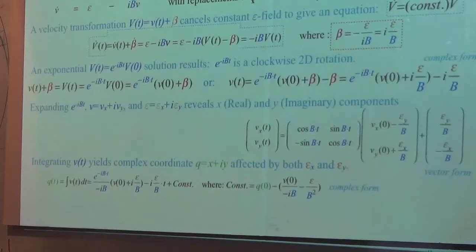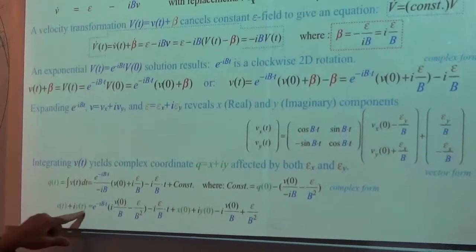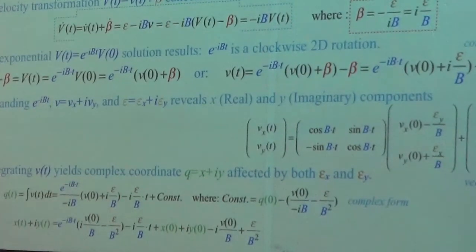That's just setting the initial conditions, basically. So here is going to be my new coordinate, complex form now for the coordinate. That's the velocity. Here's the coordinate, and that's the thing that results. And that's what we want to look at in some detail.